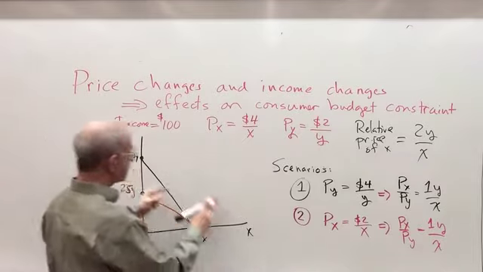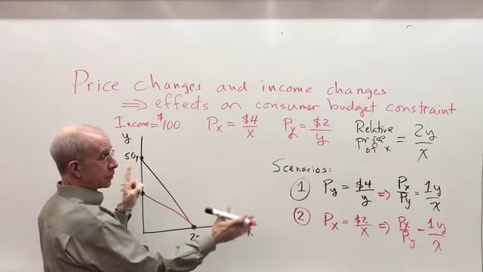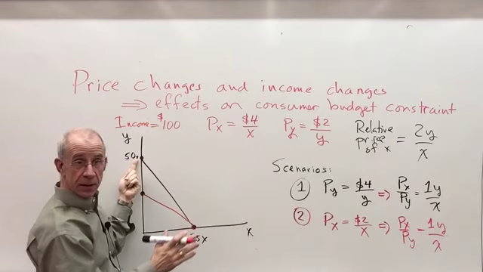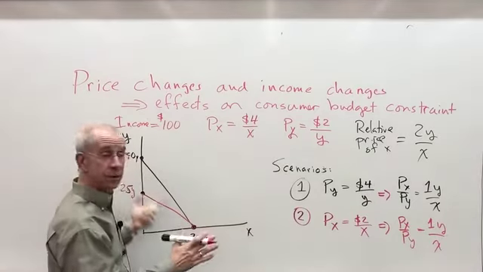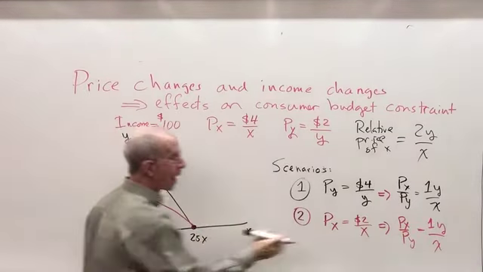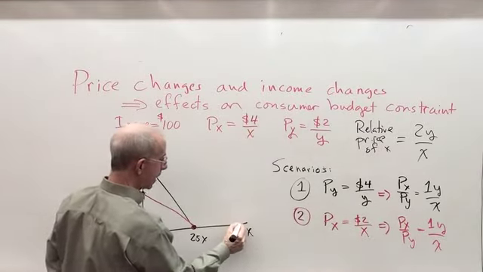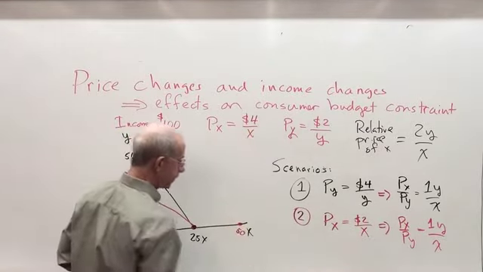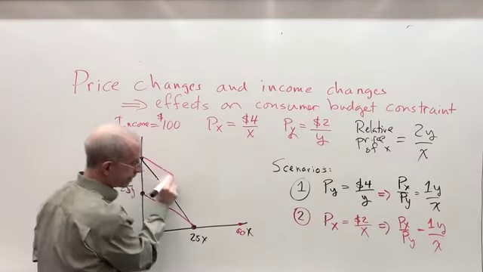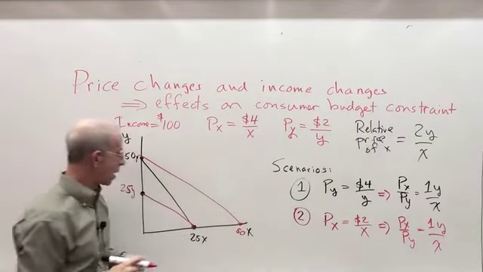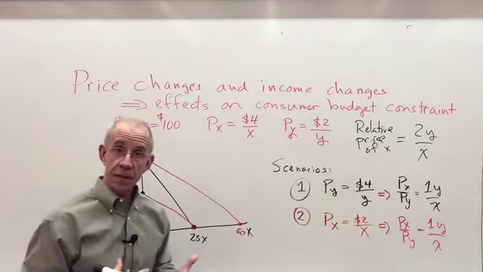What we have is that you can still buy 50 units of Y, as under the original situation. At the price of X equal to $2, you can now buy 50X. Now, a couple of things to note about this.